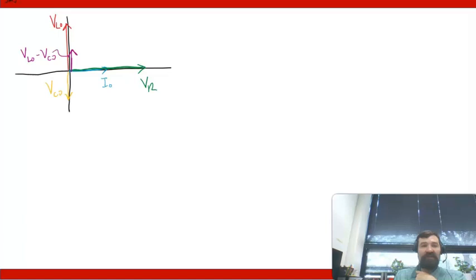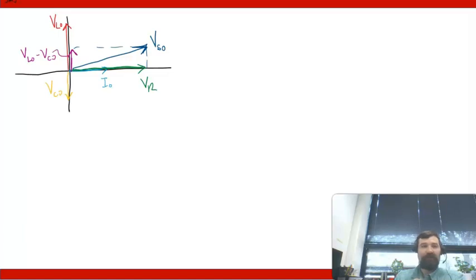All right, that means that our overall voltage for the circuit, our power supply voltage, if you will, is this vector right here, or this phasor right here. So this would be V, variously called V naught or VS naught.